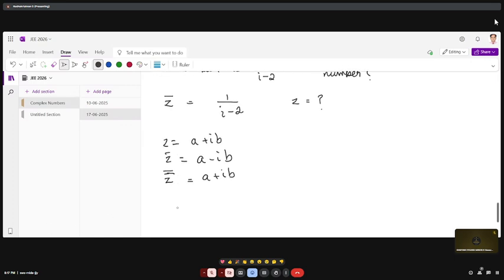So here you take conjugate on both sides: z conjugate whole conjugate, which is z itself, equal to the conjugate of 1 by I minus 2. So z equal to conjugate of 1 by I minus 2. What is the next step?